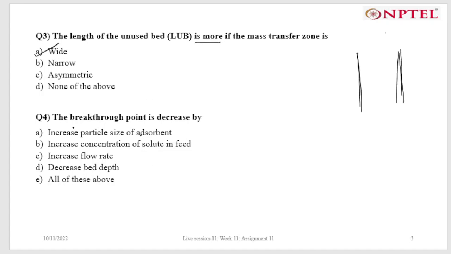Here, breakthrough point means, suppose here adsorbents. Some of the adsorbate adsorbs on this adsorbent. So initially, this is the mass transfer zone.